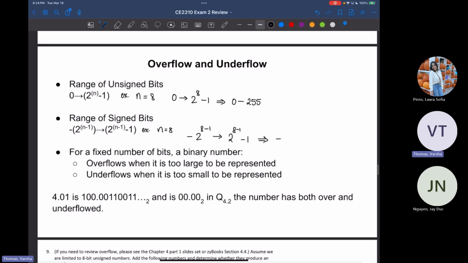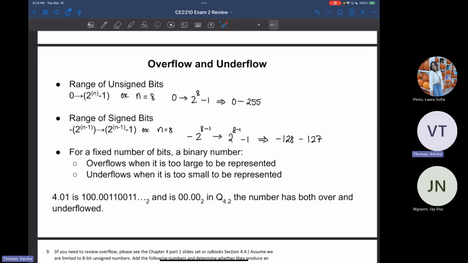So that's negative 128 all the way to positive 127. And the way you can double check that this is the right range is there should be 255 numbers in between these two, which should tell you that you can represent at any given time with 8 bits 255 numbers.